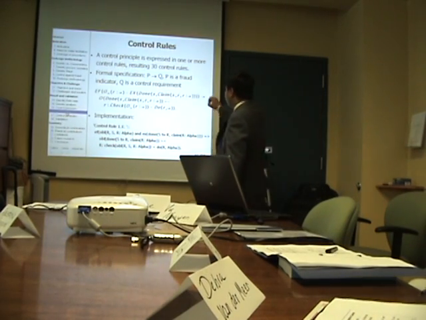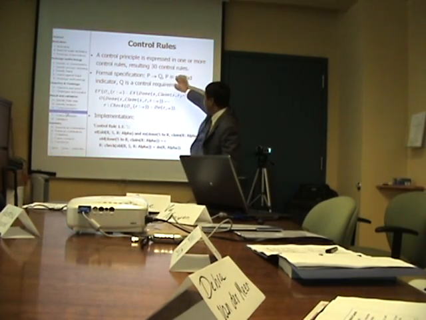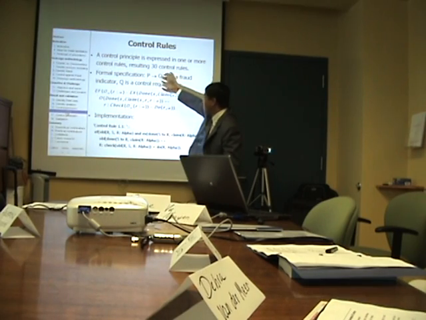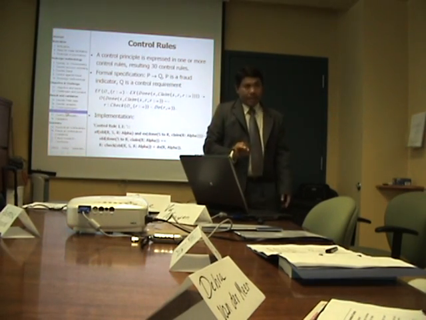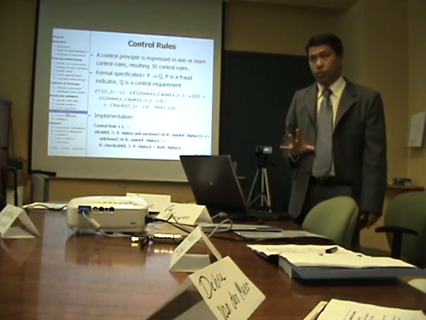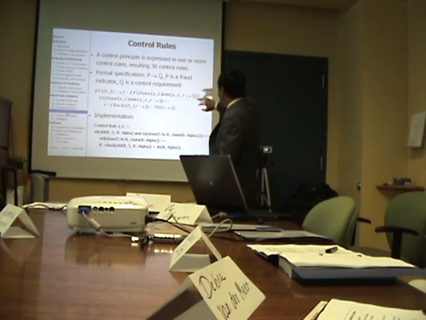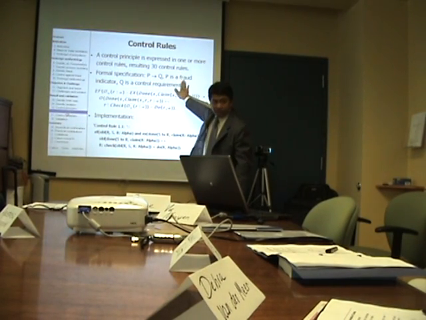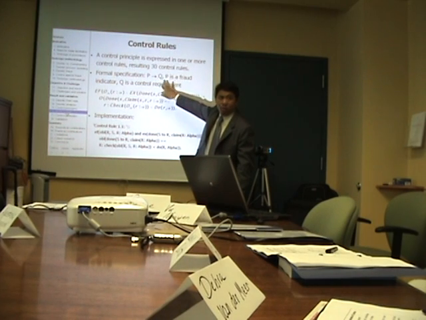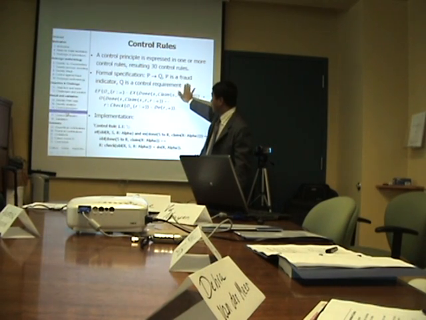Then, for each of the control principles, I formalize it in one or more control rules, and the result is 30 control rules. And in chapter 6, you will see again a chapter with dense notation. That is a chapter about the formal representation of control rules.